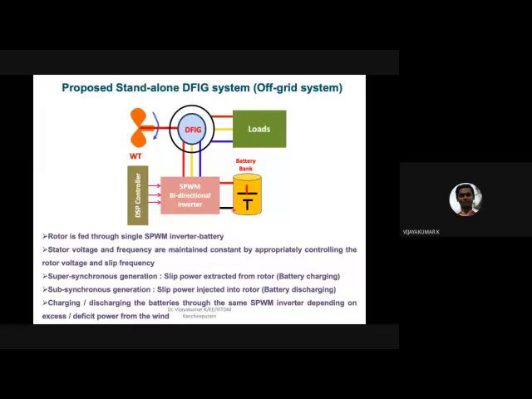Let me tell you some simple research ideas. If you are in the stage of research, doing a PhD, you can take all these systems I have proposed in distributed generation and add your IoT features. You may read about IoT features in different systems; you can take those features and put them in the existing system.